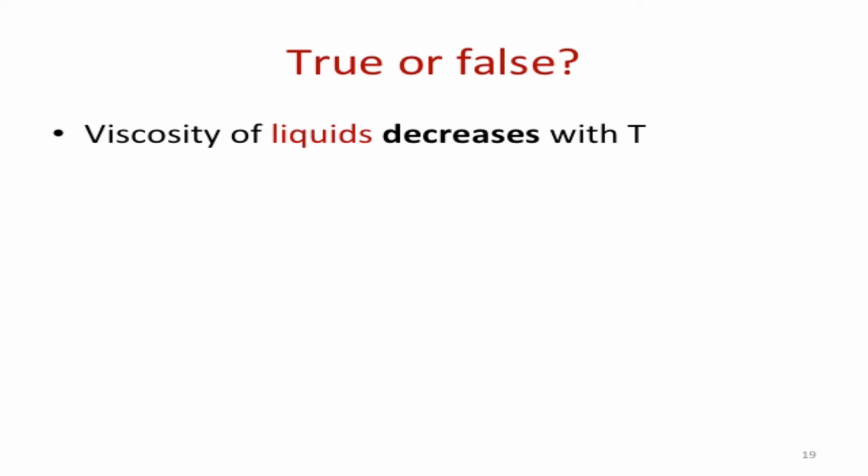Okay. So now let's look into some questions. Now that we defined the viscosity, we need to know something about it. So true or false, viscosity of liquids decreases with temperature. What is some everyday example of that happening?